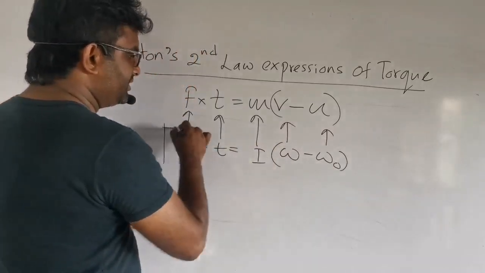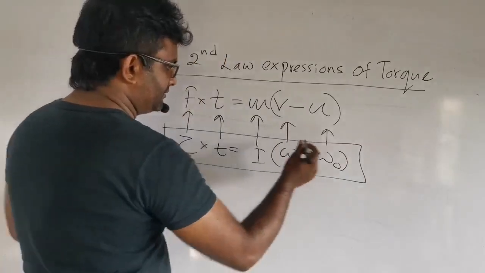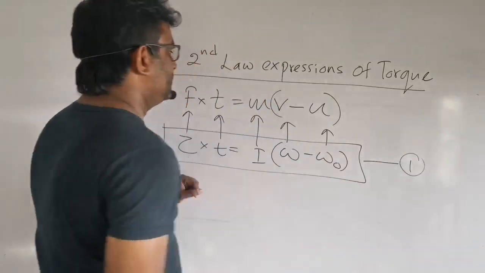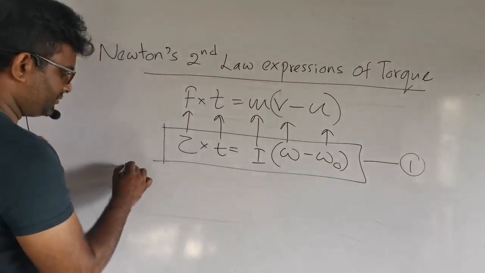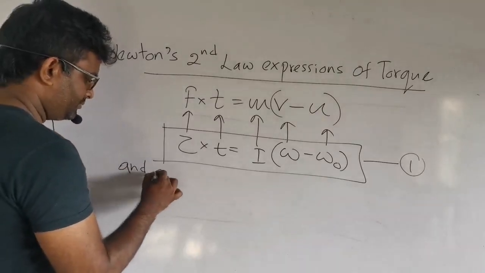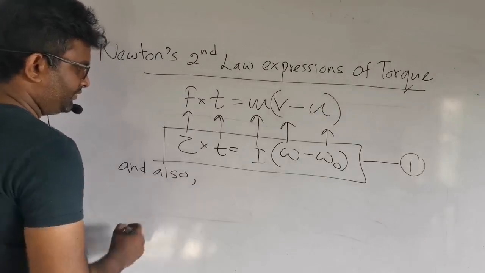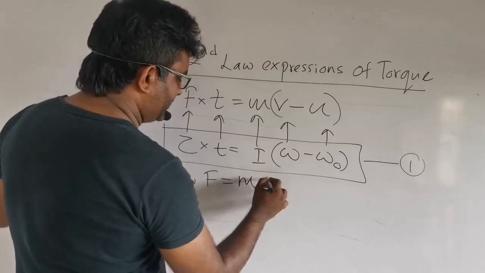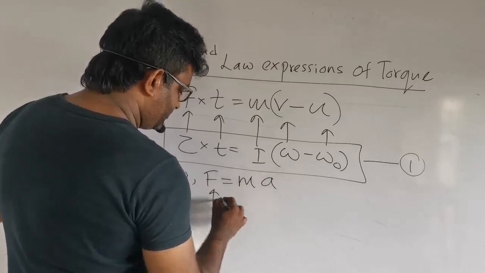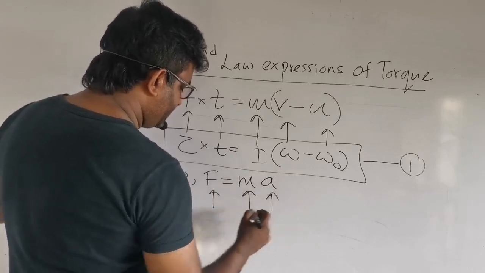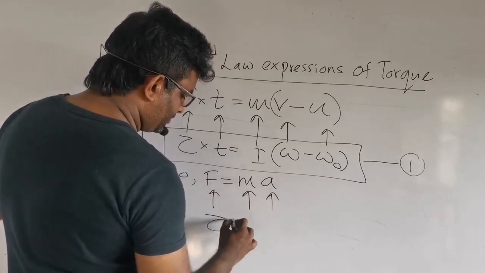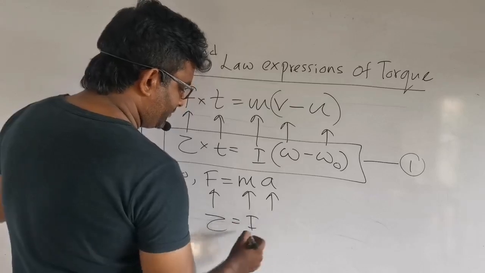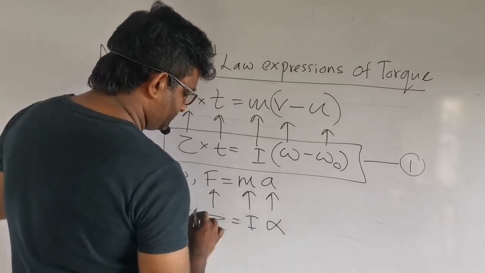So this is equation number 1. Right, and also we know the very useful equation we used, F equals ma. Using that for rotational motion we can write tau equals I into alpha.